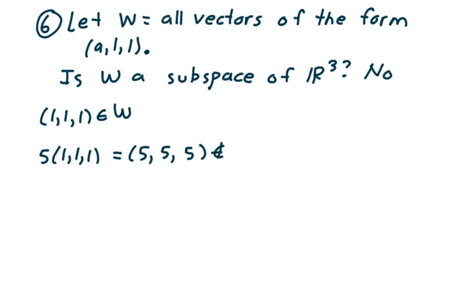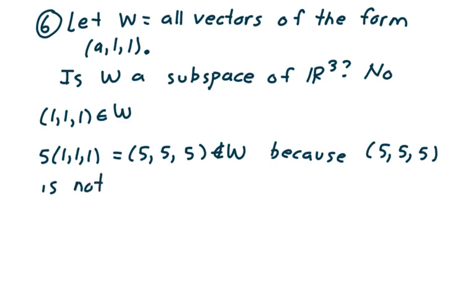And that doesn't belong to W because (5, 5, 5) is not of the form (a, 1, 1).